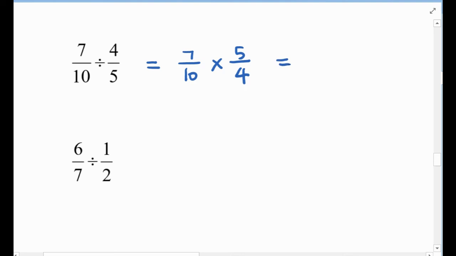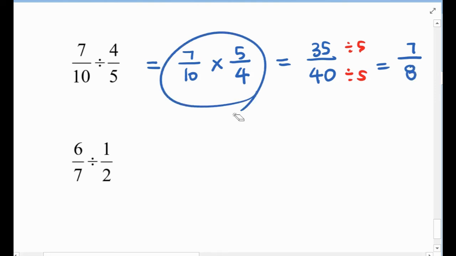Okay, so let's multiply. 7 times 5, 35. 10 times 4, 40. So is this divisible by any number, 35 and 40? Can we reduce it? Yes, we can, by 5. Then that is 7 over 8.